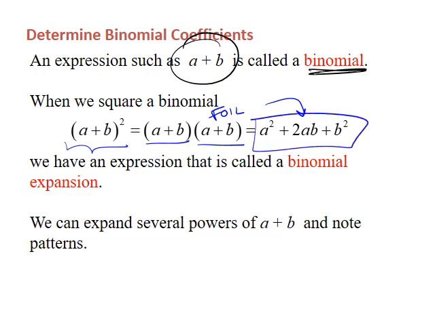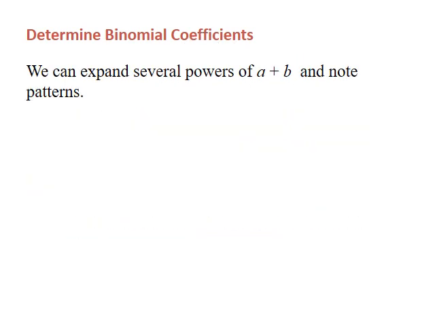Well, this is known as a binomial expansion, and what we've done is we've taken this and expanded it. And sometimes we will have powers bigger than 2. Maybe this is a plus b to the 7th power. And if that's the case, it will take a long time to do this, as illustrated on the next page.